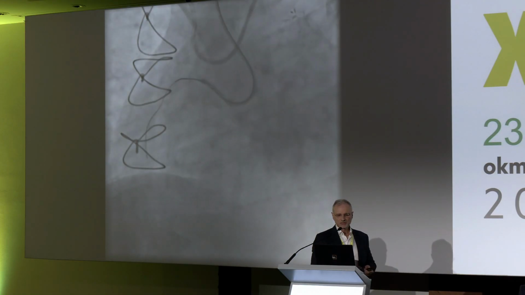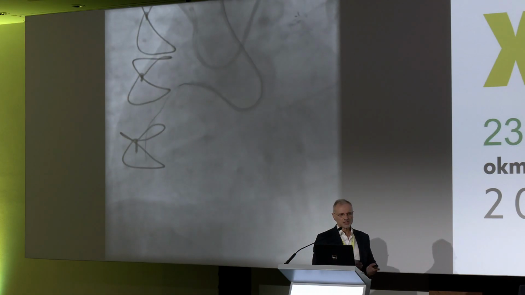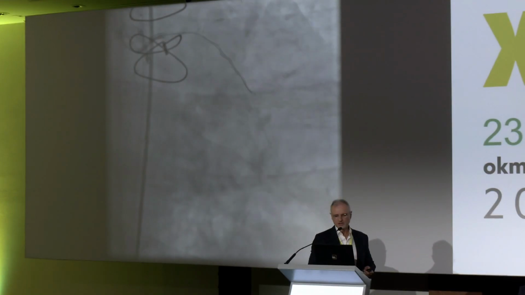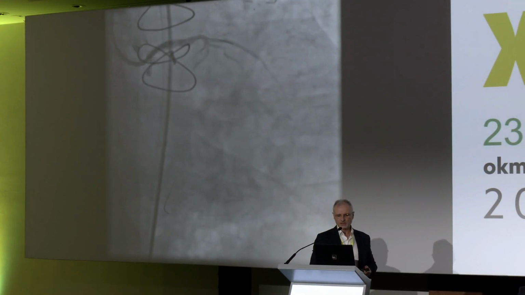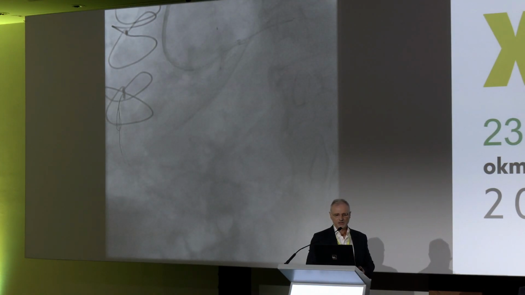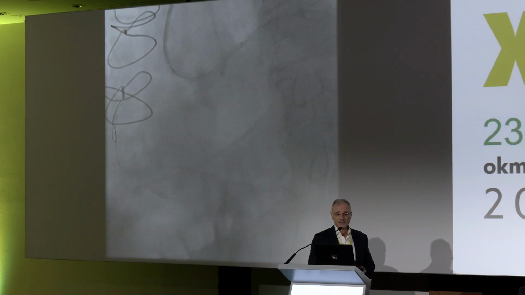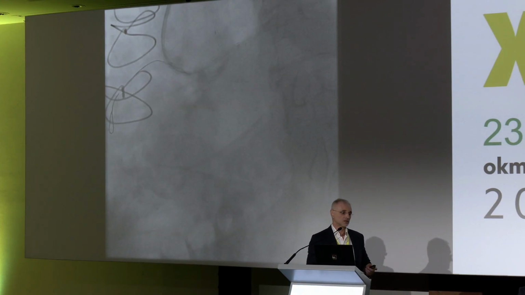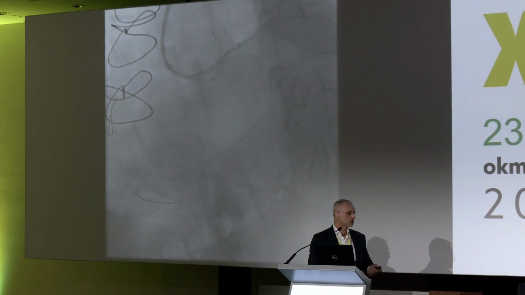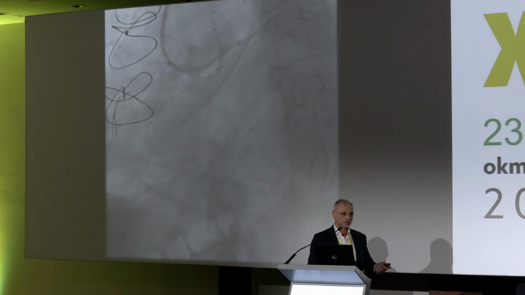Of course, it didn't lead anywhere because the expected success rate of antegrade is 10%, or at least in my hands. There is very good collateral that was very easily crossed. And what happened here, you see this wire, okay? You can appreciate the wire course, the lesion tortuosity, that was not possible to evaluate in advance. And the retrograde wire crossed to true, okay?